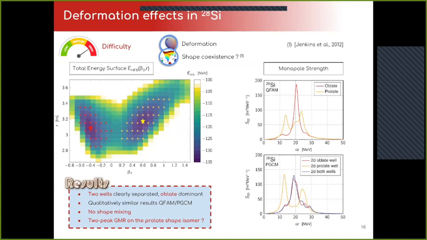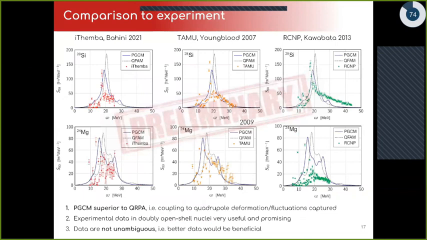And this is the complete comparison to experimental data I was referring to before, and it's a very recent publication. The Hamiltonian collaboration provided results both for silicon-28 and for magnesium-24. In general, you can see that there is a better agreement with P-GCM results in all these cases.